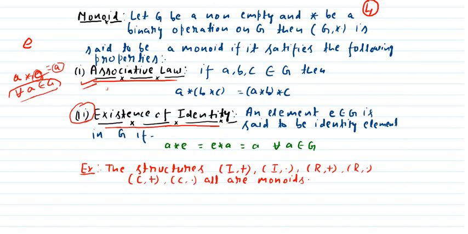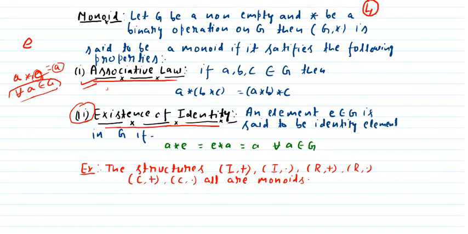So a non-empty set G together with a binary operation star is a monoid if it satisfies both the properties. It must be associative, and it must satisfy existence of identity. For example, if you want to check identity for the set of integers, suppose I is the set of integers 0, plus minus 1, plus minus 2, and we consider all the elements.